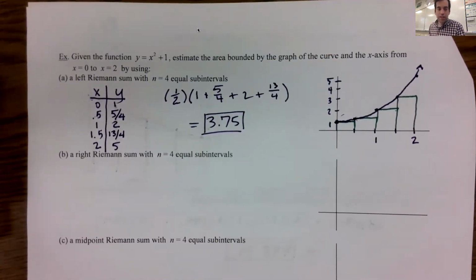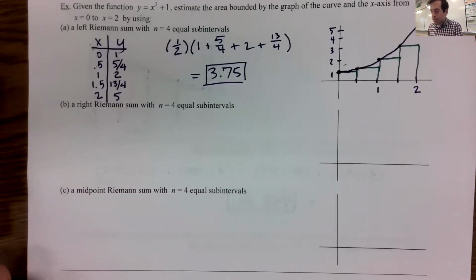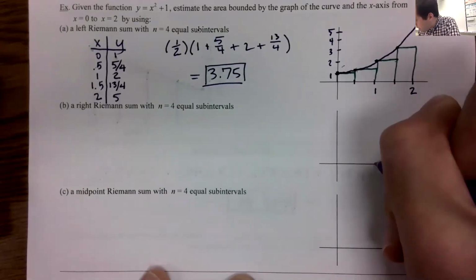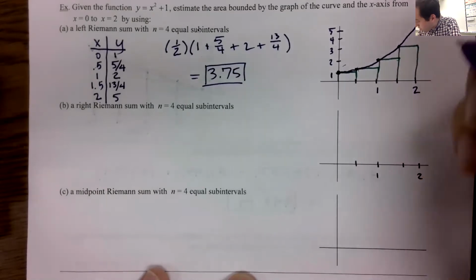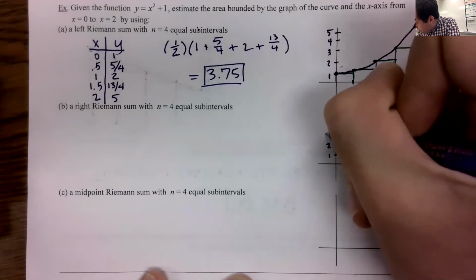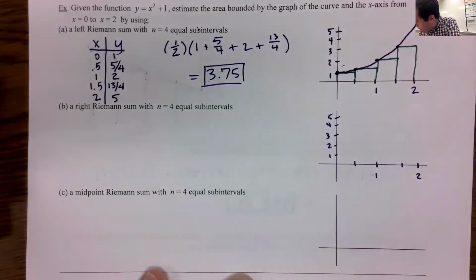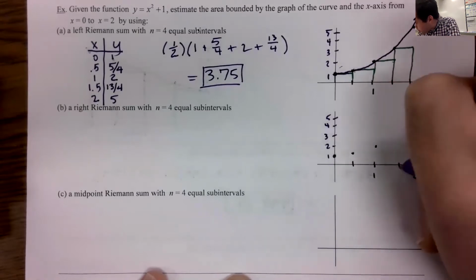All right, now we're going to do the exact same thing, but for a right Riemann sum. So we already have the chart, so that's kind of nice. And I'm going to do a rough sketch of this graph once again. And it looks something like this.